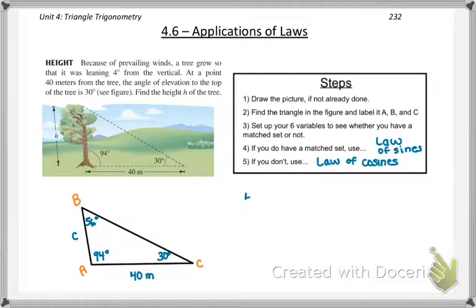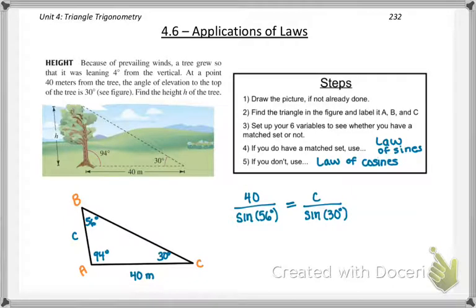40 over the sine of 56 degrees equals, and then the side I'm looking for would be C over the sine of angle C, which is the sine of 30 degrees.